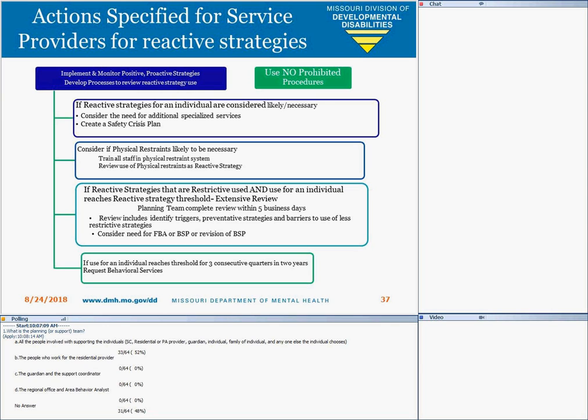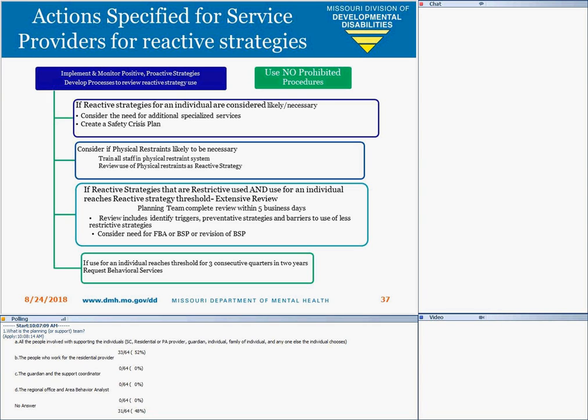And everybody needs frequent review of those restraint practices or holds as part of their reactive strategy planning, and you should indicate the criteria for use in your safety crisis plan. If that's necessary, you've trained all of your staff in the system that your agency is using, and now you're providing services.